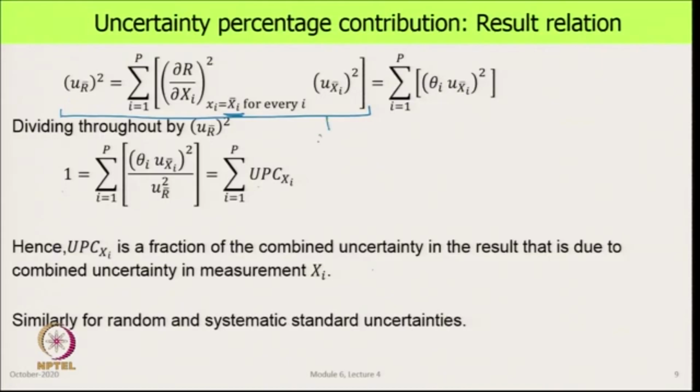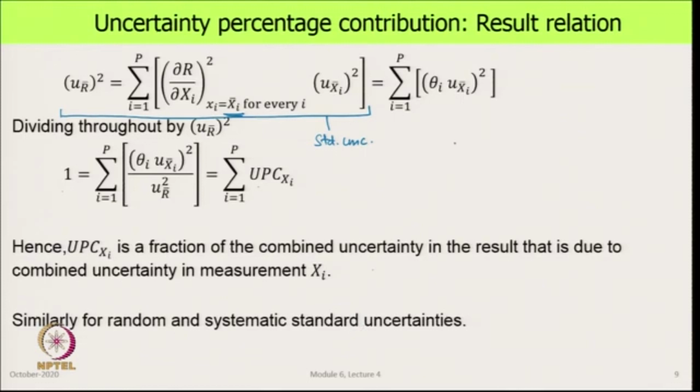So, the definition is coming in terms of standard uncertainties. And from our definition, we can see that this term here is theta_i. So, the expression becomes quite elegant, that is the summation, 1 to p, of theta_i u_xi bar squared.